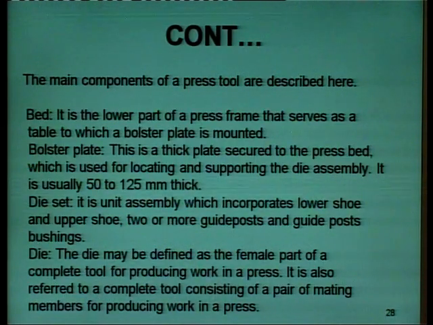Now, third is the die set, the complete die set. This unit includes the lower shoe, upper shoe, two or more guide posts and guide post bushings. Now, next is the die. The die is defined as the female part of the complete tool for producing work in a press.